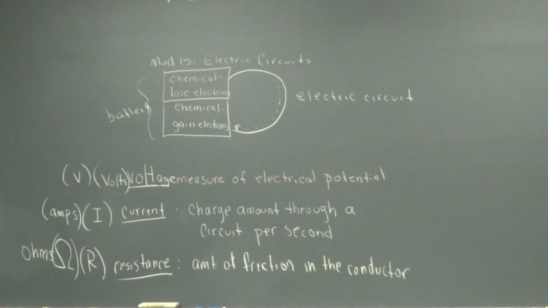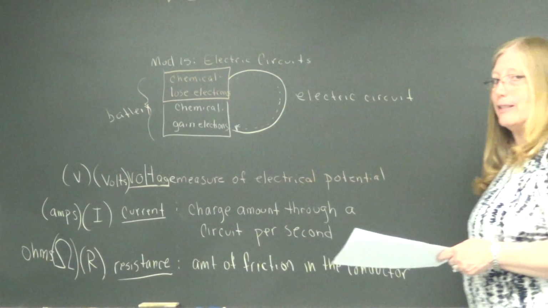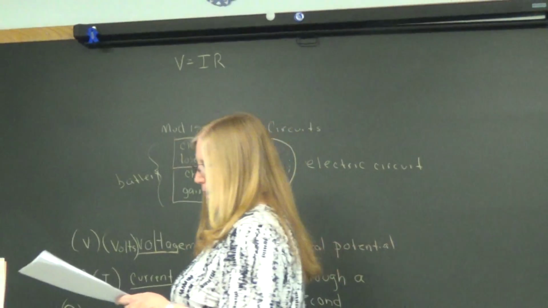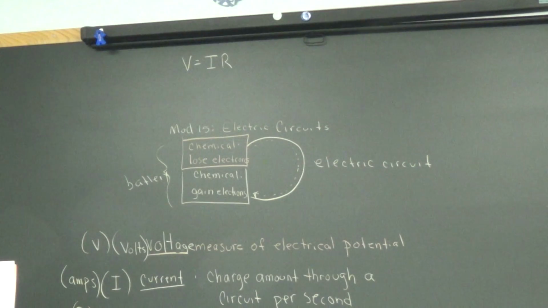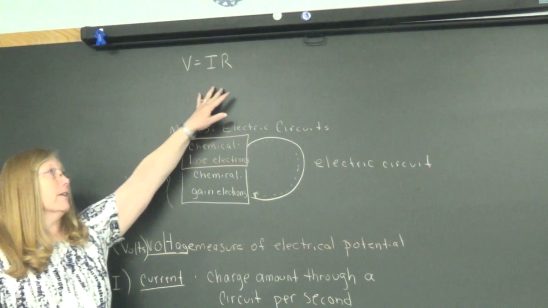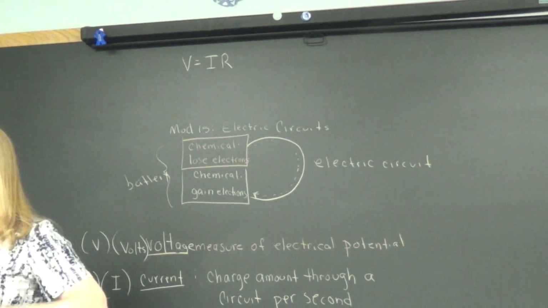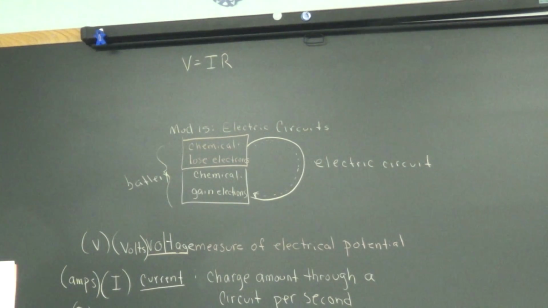So voltage is the product of current flow times resistance, V equals IR. As electrons move, the kinetic energy is what we're looking for, but the bumping around is caused by hitting atoms in the conductive material, causing resistance. It all works together in that way.